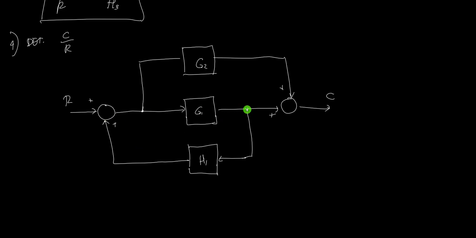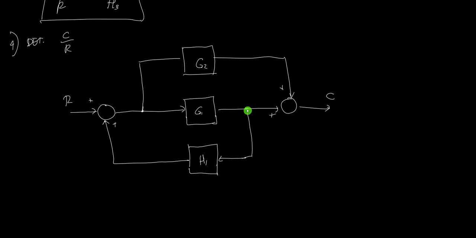If I move this take-off point here, this one will be in canonical form, and this one at the top part will still be in parallel, but it's a unity. The forward path will be a straight line.